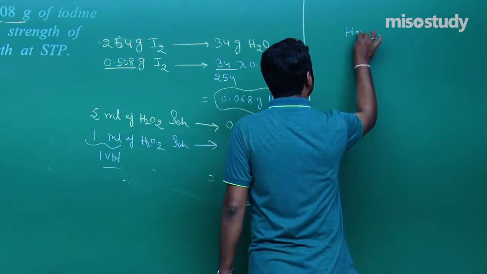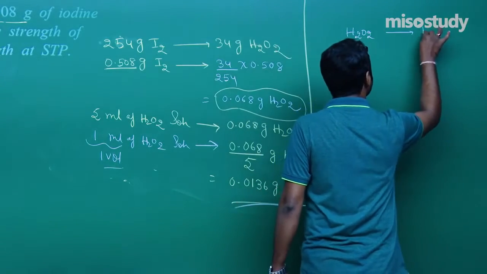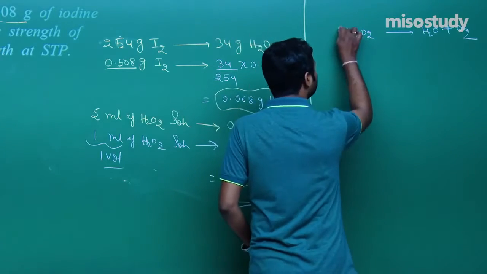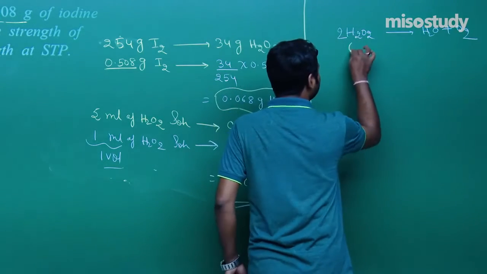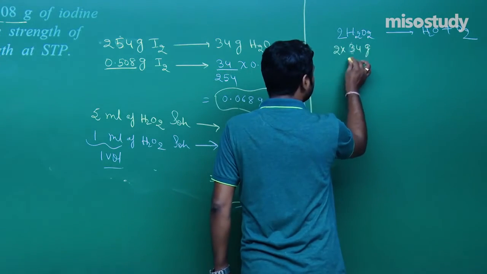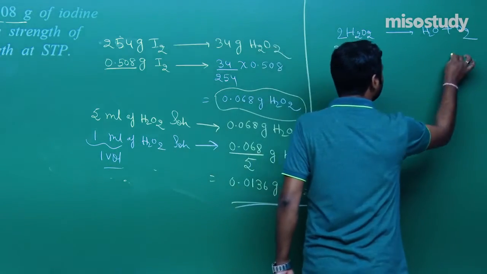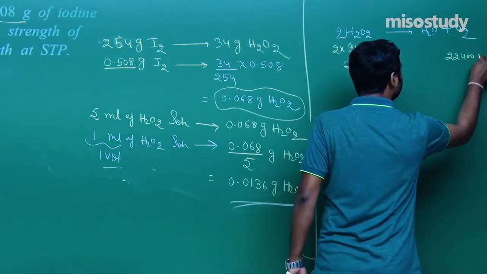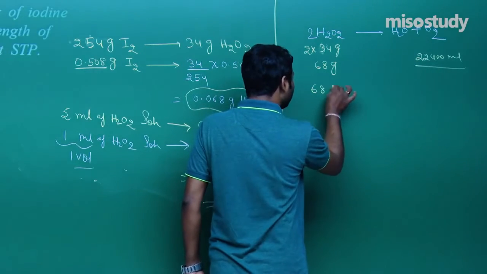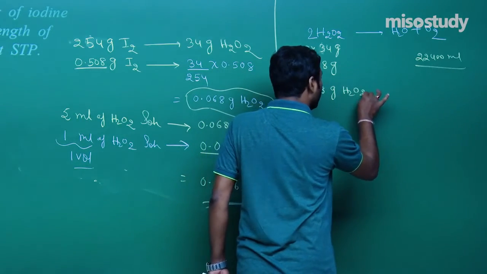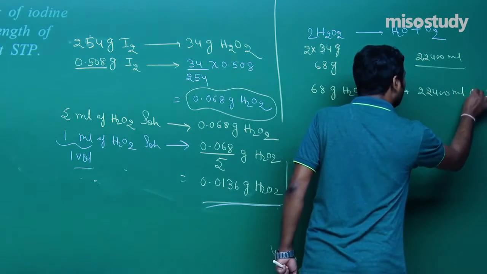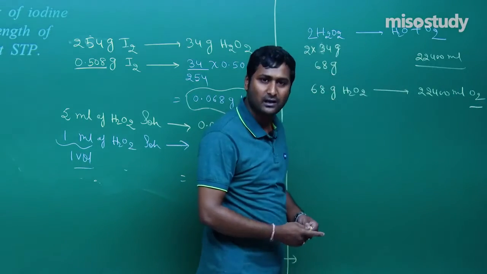H2O2 gives you H2O plus O2. Remember, balance this. 2 into 34 gram, that is 68 gram, gives you 22400 ml. Yes, this is the ideal situation. 68 gram H2O2 gives you 22400 ml O2. In terms of O2, we measure the volume strength.